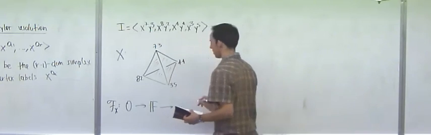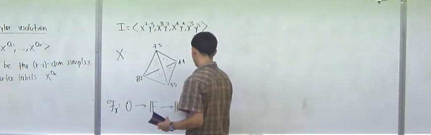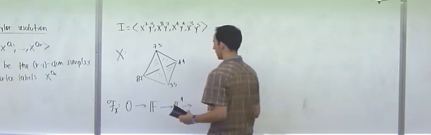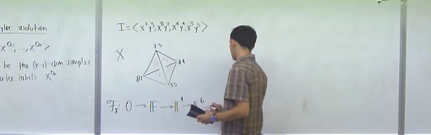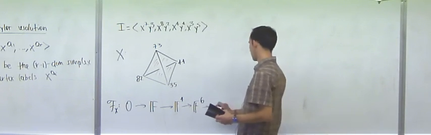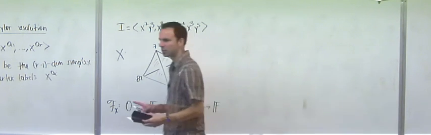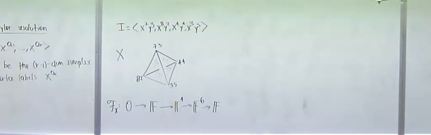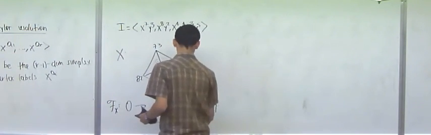Then we're going to get the 2-dimensional faces, and there's 4 of them. Then we're going to get the edges, so there's 6 of them. Then we get the vertices, and there's 4 of them. Sorry, these shouldn't be F's, these should be R's, right? Copies of our ring.